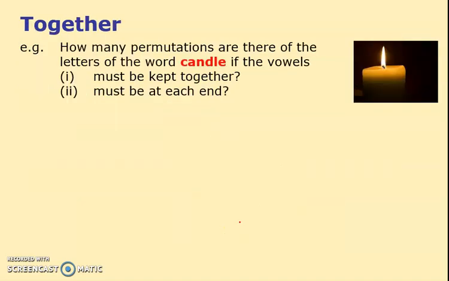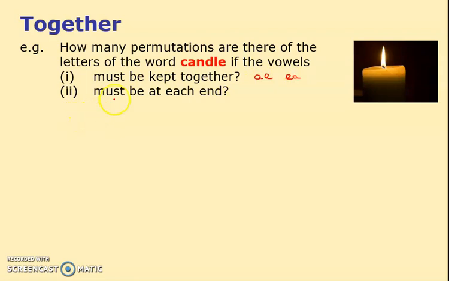So we're starting to see the types of questions that can come up in exams. How many permutations are there of the letters of the word candle if the vowels must be kept together? Again, what vowels have we got? We've got an A and an E. That's interesting. Notice last time we did EE. AE could be together as AE or EA, so I need to take that into account.